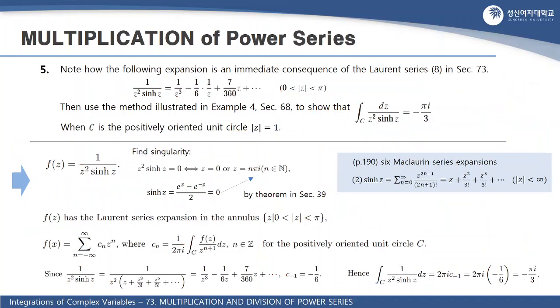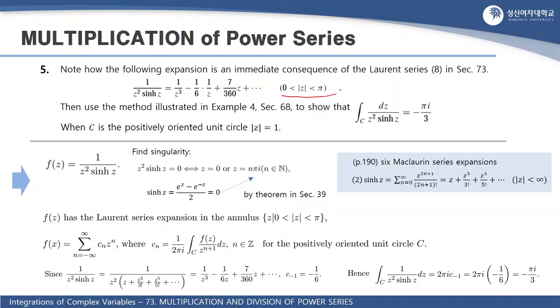Okay, next move to problem 5. Note how the following expansion is an immediate consequence of the Laurent series 8 in section 73. Here 1 over z squared hyperbolic sine z equals 1 over z cubed minus 1 over 6 times 1 over z plus 7 over 360 times z, something like that, over the punctured disk given by this.